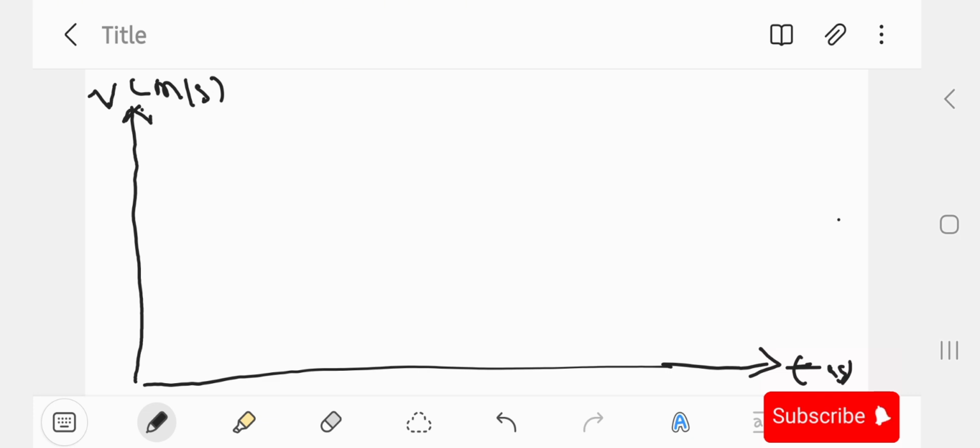So a car runs at a constant speed of 15 meters per second at first. That means the initial speed the car is running at is 15 meters per second, so we can denote that. Since I'm not using a ruler, I can use this to represent my 15 meters per second.